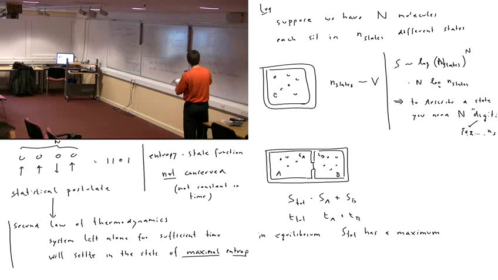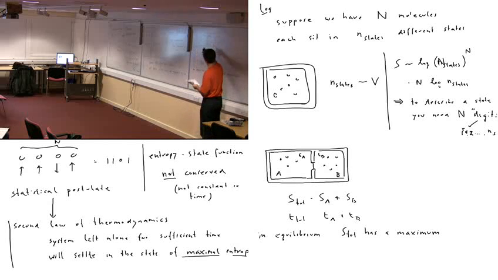Now, since the only thing that you can do is let these systems exchange energy, the only free parameter which we have is, say, the energy in box A. Because once you know the energy in box A and you know the fact that the total energy is constant, you know the energy in box B.